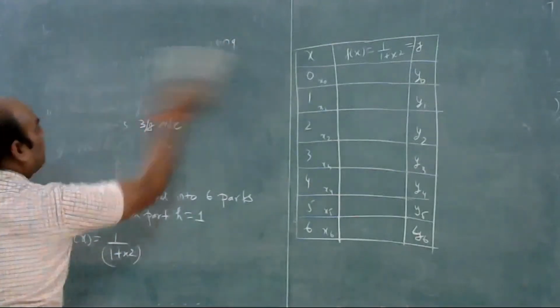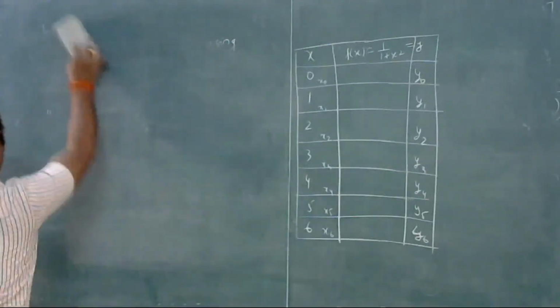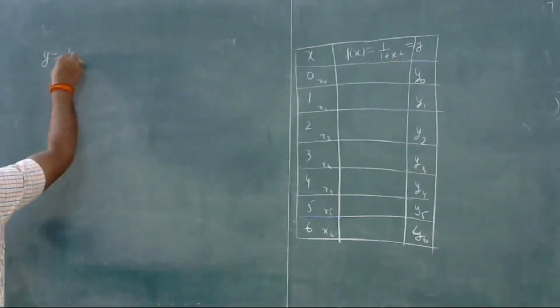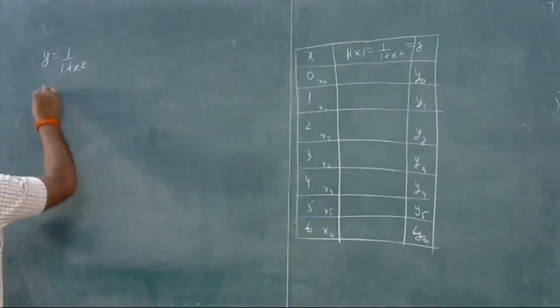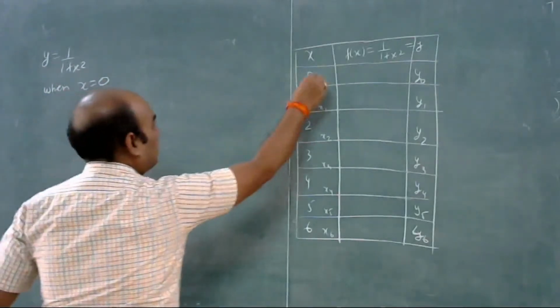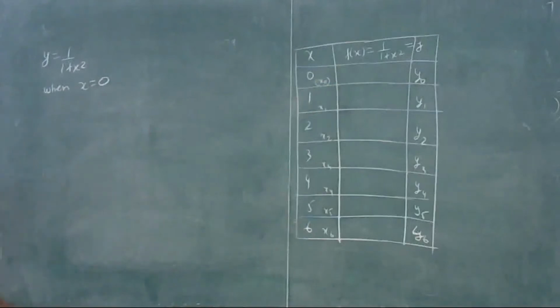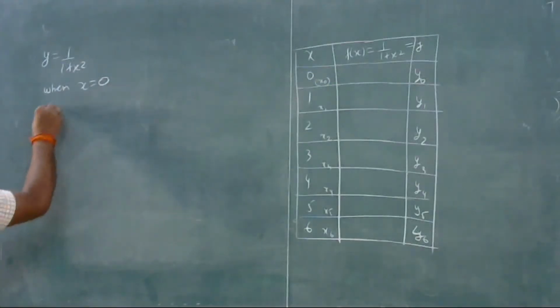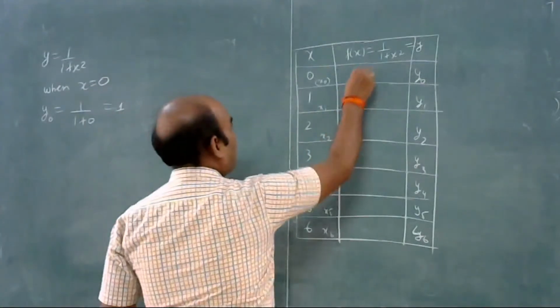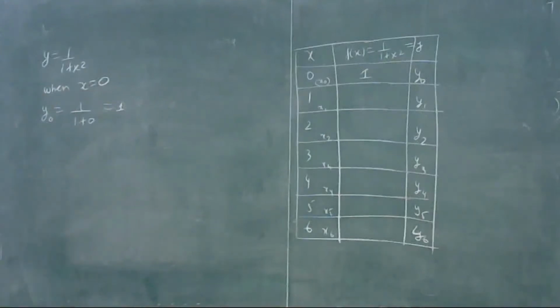So we will find the corresponding values of y. What is y? It is 1 upon 1 plus x squared. When x is equal to 0, y0 will be equal to 1 upon 1 plus 0, so this will be 1. So y0 is 1.